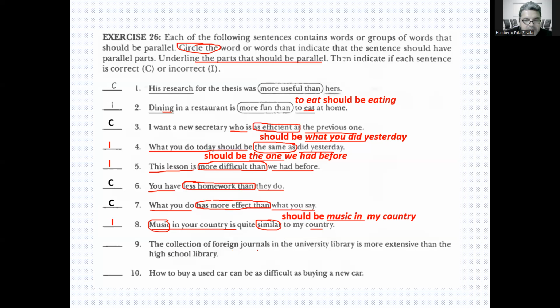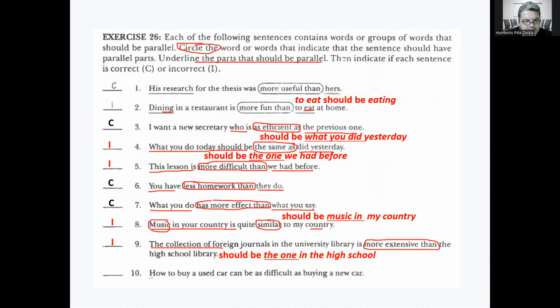The collection of foreign journals in the university library is more extensive than the high school library. Talk about the collection, not the library. So, yeah. The collection of foreign journals in the university library is more extensive than the collection of foreign journals in the high school library.